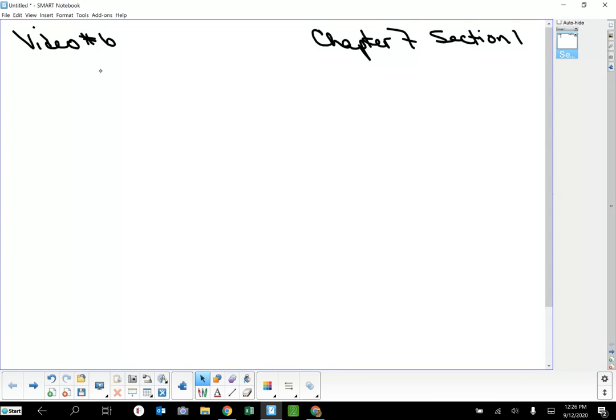So this is all about trig identities. And you need a lot of information on how to manipulate trig functions, really. So this first section, I'm nicknaming this 7.1a, actually.